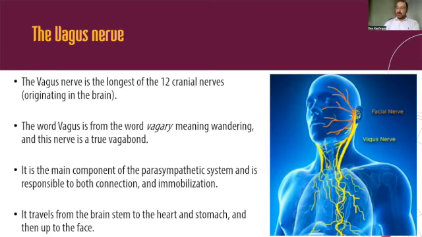It is the main component of the parasympathetic system, and it's responsible for either the connection, which is the ventral vagal, or the immobilization, which is the dorsal vagal. It travels from the brainstem and connects to the heart, the stomach, and so forth.